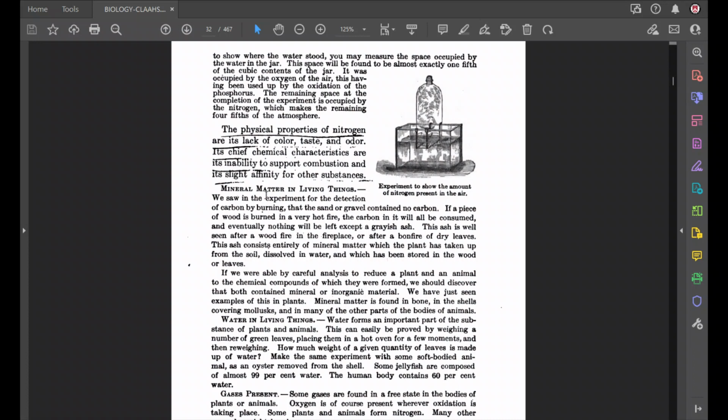This ash is well seen after a wood fire in a fireplace or a bonfire of dry leaves. This ash consists entirely of mineral matter, which the plant has taken up from the soil, dissolved in water, and which has been stored in the wood or the leaves.